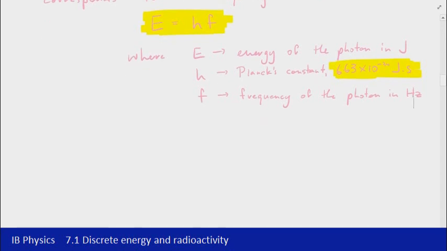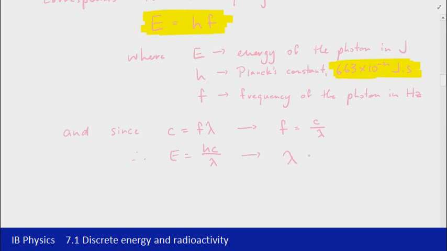We also know though that we have another equation where frequency is involved, and that's c equals f lambda. So looking at the speed of light being equal to the frequency multiplied by the wavelength. Now if we rearrange that so that f is equal to c on lambda, we can therefore say that E is equal to hc on lambda. So substitute that in for f. That has been rearranged in the data booklet.